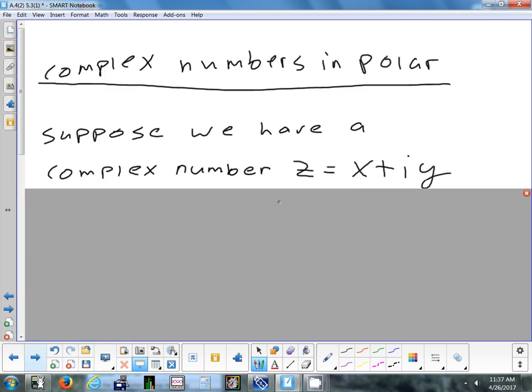And a lot of times in the notes I used a for the real part and b for the imaginary part. Since we're starting to talk a little bit more about graphing, you can still use a and b if you want, but I think x and y make more sense because you remember x is horizontal, y is vertical. But it's the same thing I've been doing, except I used to use a and b. Also, we usually put the i after the letter.